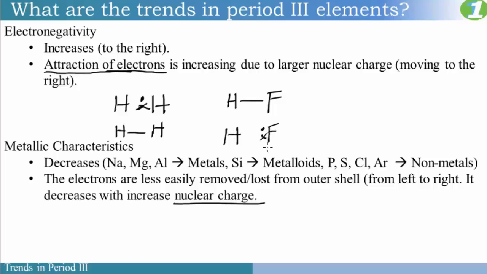Hence, it pulls electrons closer to it and farther away from the H, giving the F a partially negative charge, giving the H a partially positive charge, and you observe that we now have a dipole molecule. Hence, HF is a polar molecule.